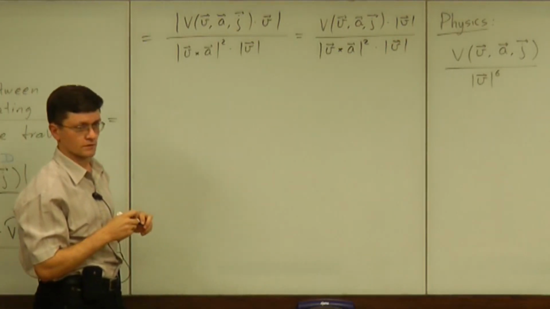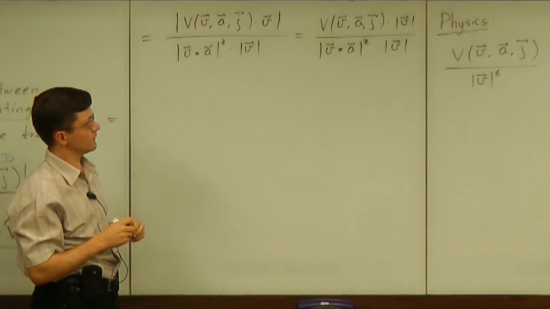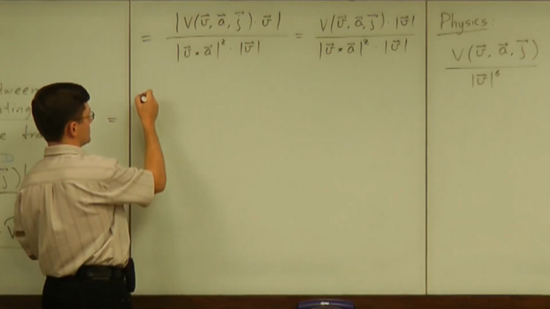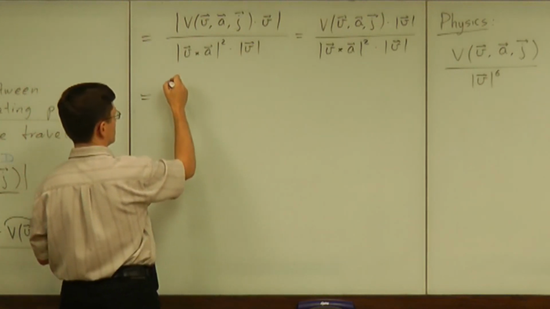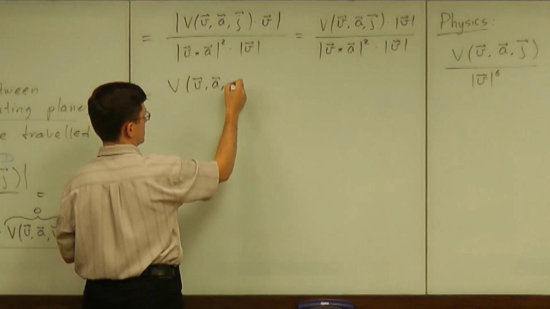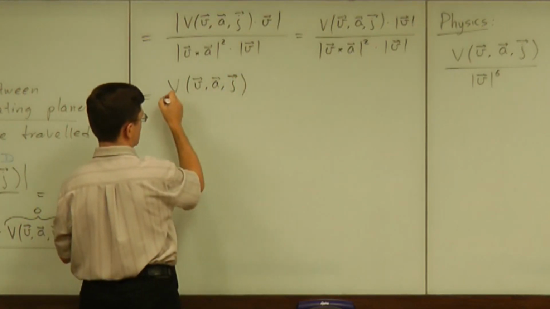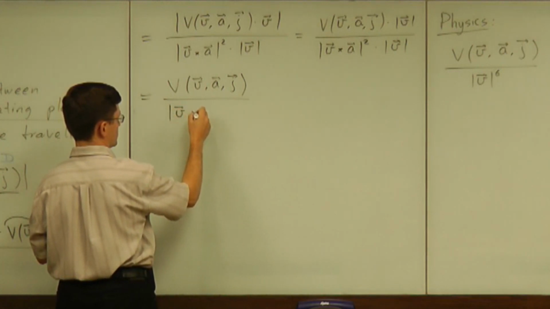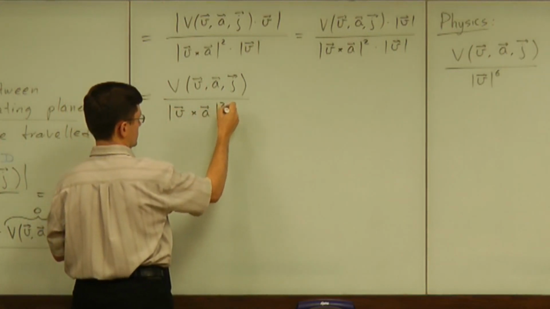And of course the speed cancels. And what we get is something that looks different, right? Volume on V, A, and J divided by the square of that cross product.